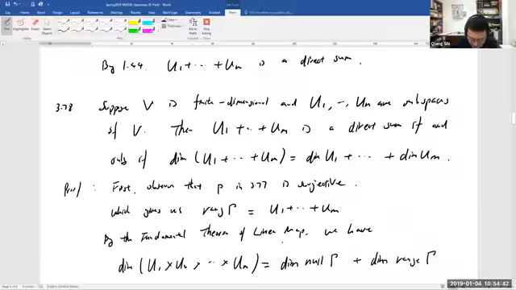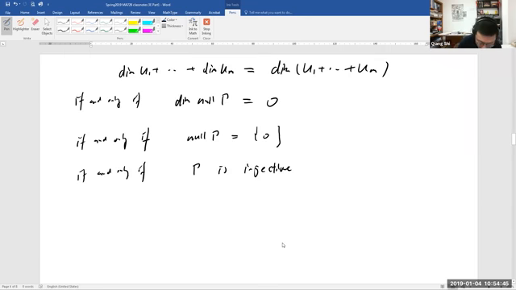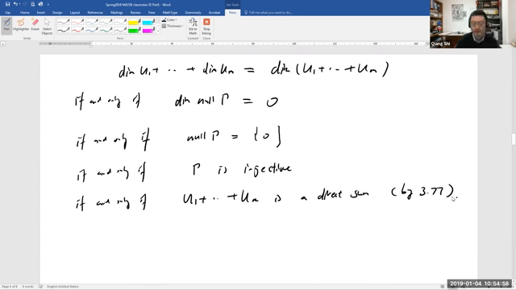That's 3.77. So this is if and only if this sum is a direct sum, by 3.77. So now we can see, in order to achieve the result, that the sum of the dimensions equals the dimension of the sum, this becomes if and only if the sum is a direct sum. All right, that way we completed the proof.